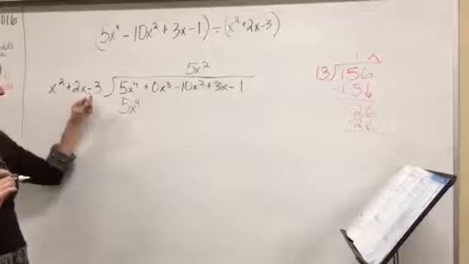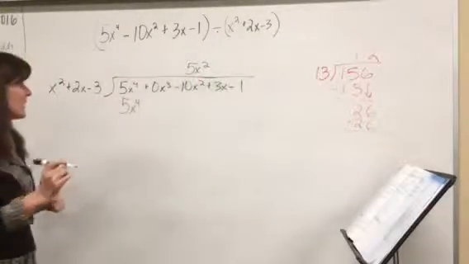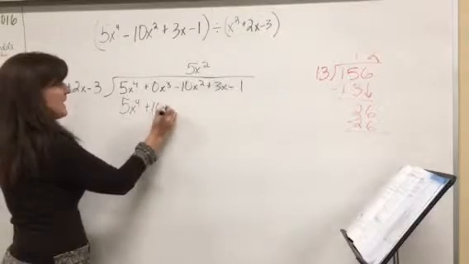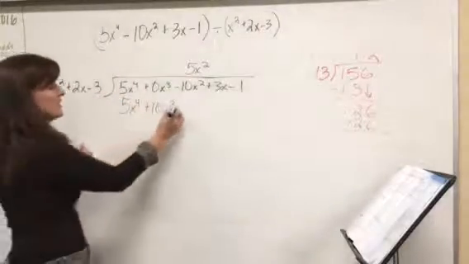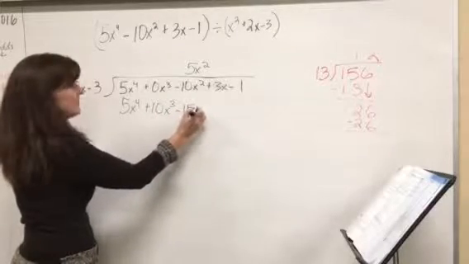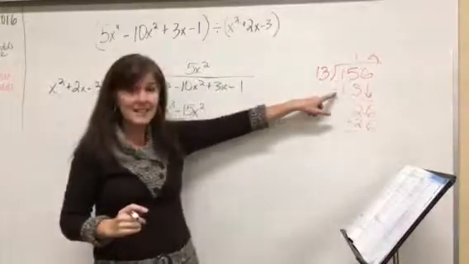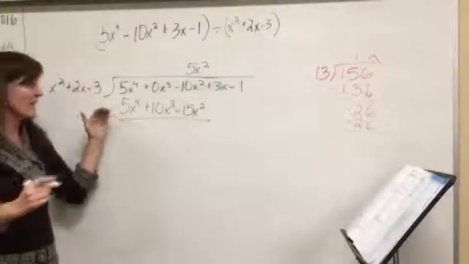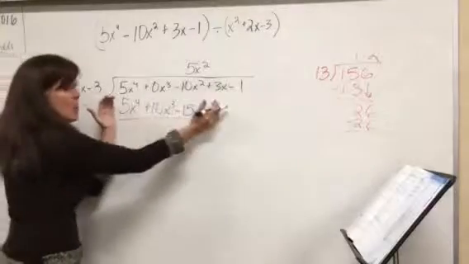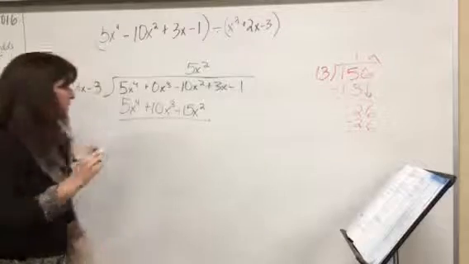Now I have to multiply these other 2 terms by this term. 2x times 5x squared is 10x cubed. Negative 3 times 5x squared is negative 15x squared. Now remember how I subtracted here, the 13? I want to change the signs. If I subtract this whole polynomial, I'm basically changing the signs on each term.